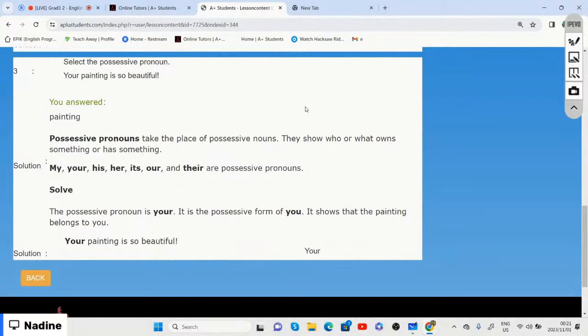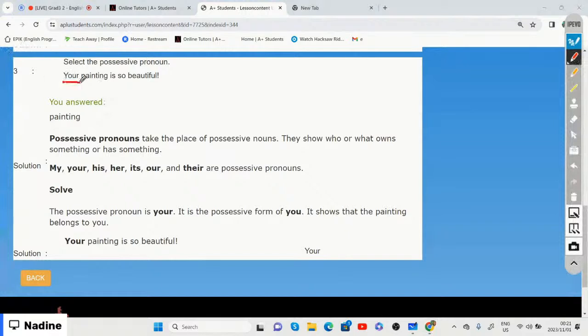Your painting is so beautiful. So your is our possessive pronoun. So your painting is so beautiful.